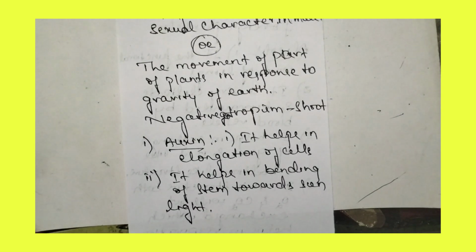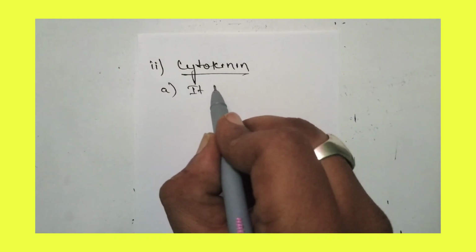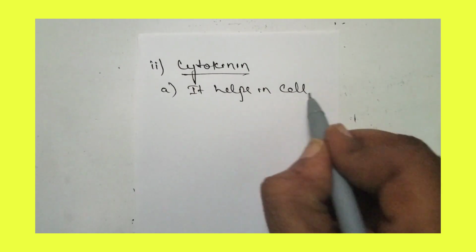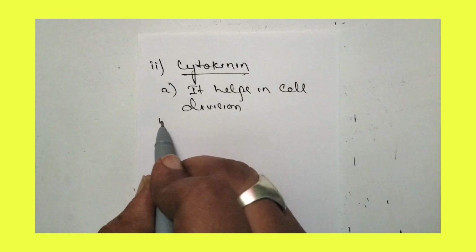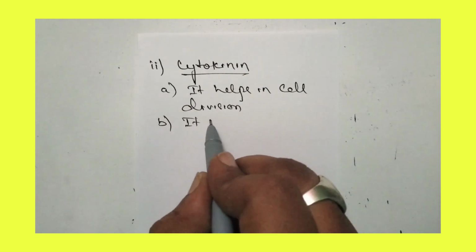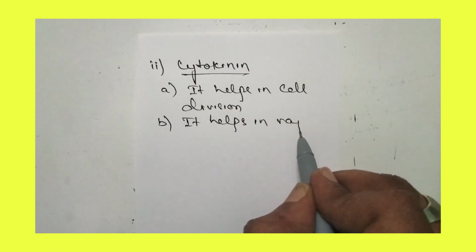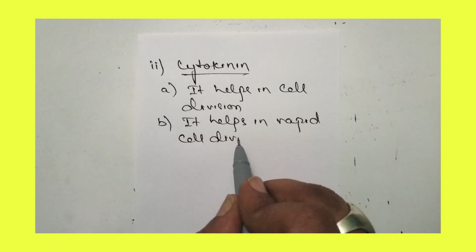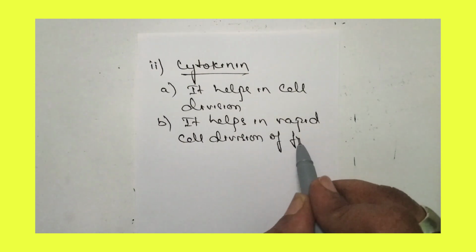Now let us write the function of cytokinin. The first function of cytokinins, it helps in cell division. Second function is it helps in rapid cell division of fruits and seeds.